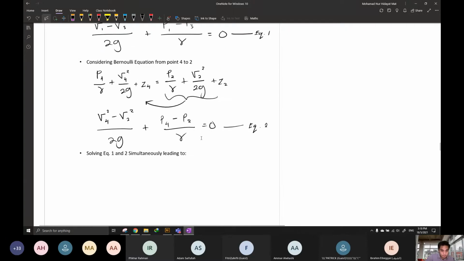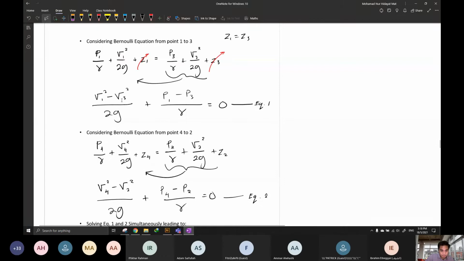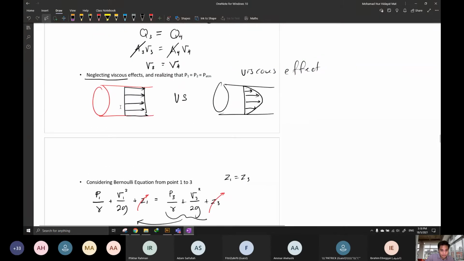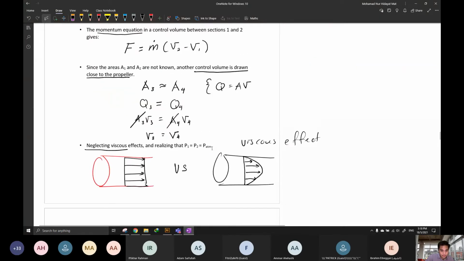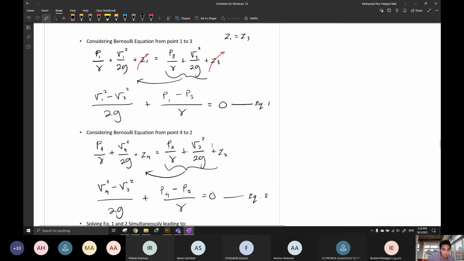So solving equations 1 and 2 simultaneously, and combining that pressure 1 and pressure 2 are actually P atm, this part is P atm and this part is also P atm.